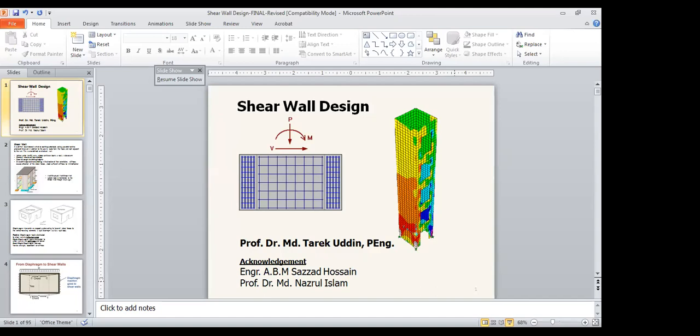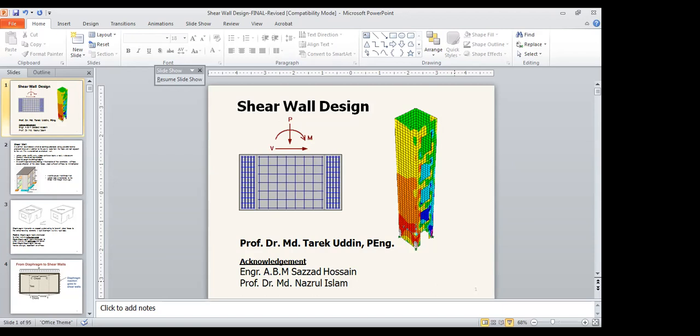You can see here, this is a shear wall, and mostly in-plane loads like horizontal loads, which could be wind loads or earthquake loads, are applied parallel to the plane of the wall. We generally apply horizontal loads in the plane of the structural walls.